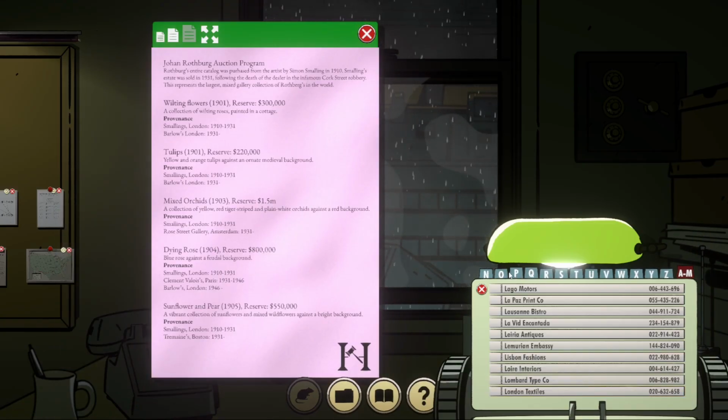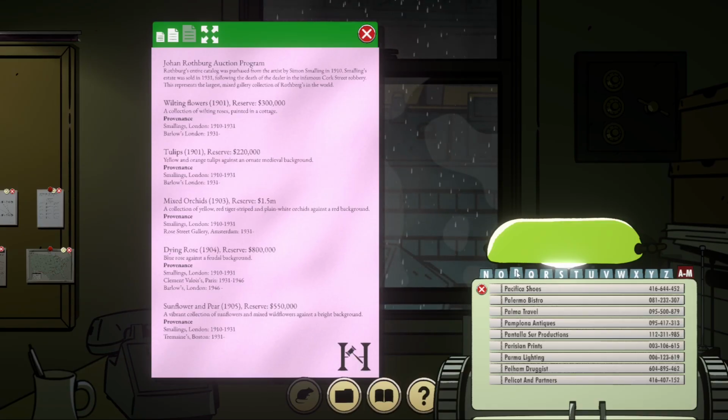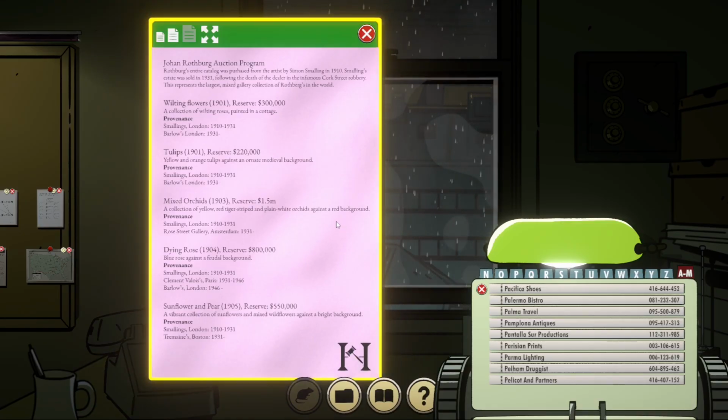I didn't think so. So Dying Rose and Tulips, I think, are stolen. I mean, forged.